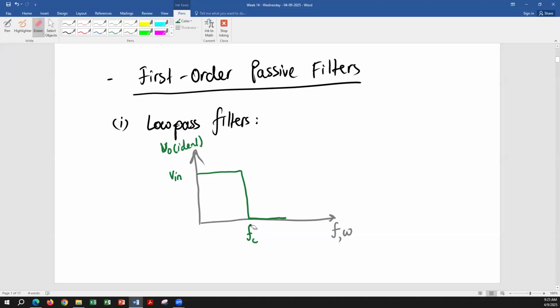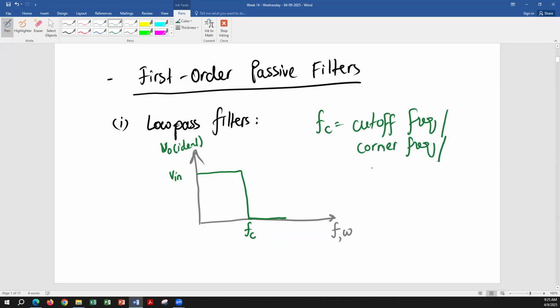FC is the cutoff frequency, which we also call, let me write this down here. So FC is equal to cutoff frequency. It is also called corner frequency.